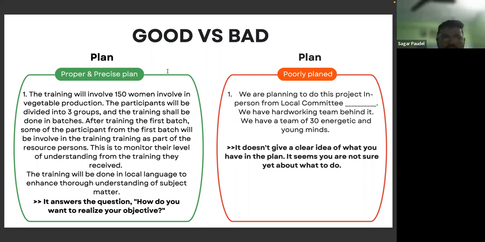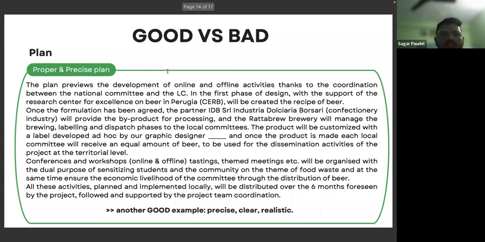So this is the second thing: a project must be precise and proper. And this is also an example of a proper and precise project. I'm not going through each and every line, maybe I will share those parts so you can see from there. It must be precise and clear, and we need to present our idea in a very clear way.